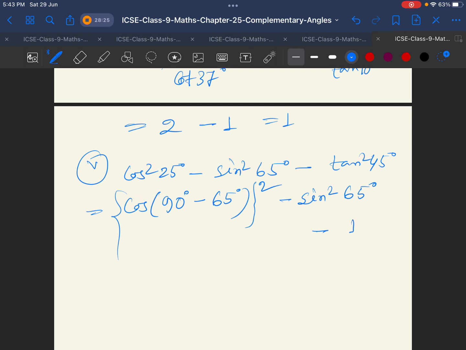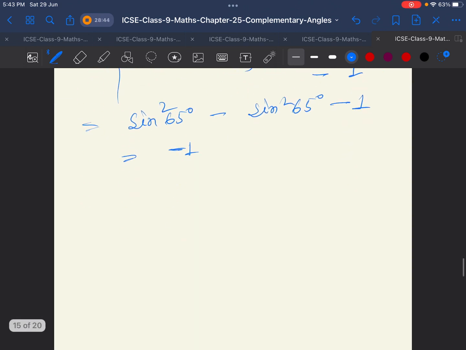Tan 45 we know already, its value is 1. So cos (90 minus 65) is sin 65, so sin square 65 minus sin square 65 degree minus 1. So we get minus 1.